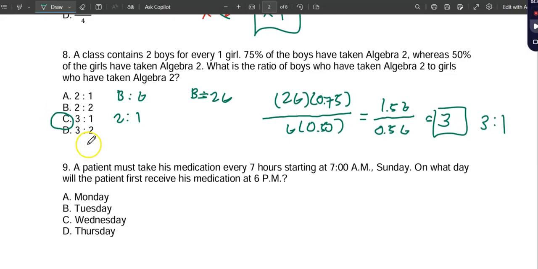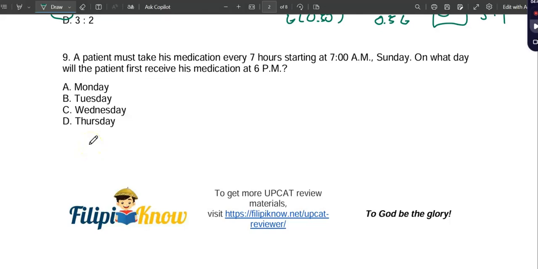Number 9. A patient must take his medication every 7 hours, starting at 7 a.m. Sunday. On what day will the patient first receive his medication at 6 p.m.? So start with 7 a.m. and then we're just gonna add 7 hours, no? So, first medication will happen at 7 plus 7. This is 14, right?